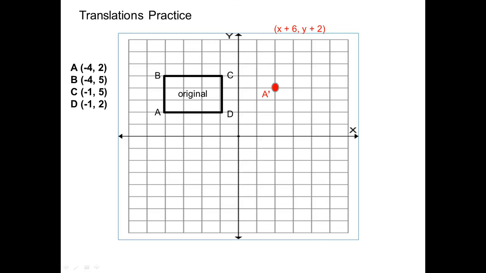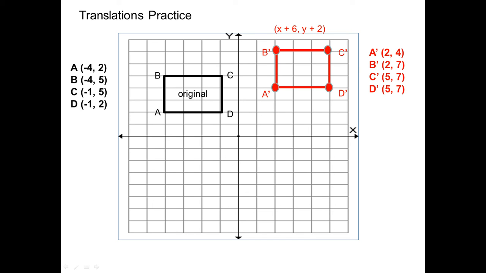So hopefully you did that, and you either slid each of your ordered pairs over and drew your new rectangle. And here are your new coordinates of A prime, B prime, C prime, and D prime. Negative 4 plus 6 is 2, and 2 plus 2 is 4. For B prime, negative 4 plus 6 is 2, and 5 plus 2 is 7.